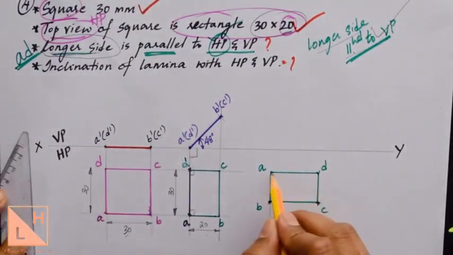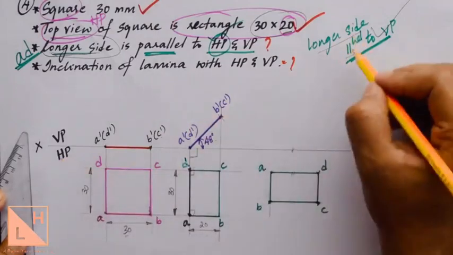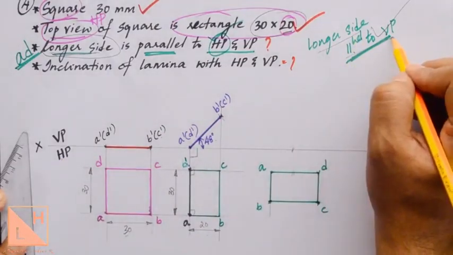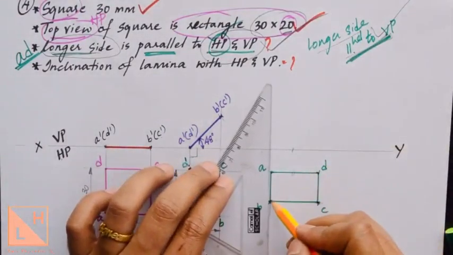Now it is clear that the longer edge is made parallel to the XY line in HP, which means that the longer side is made parallel to VP. From here, to get the final position, draw the projection lines to the front view.